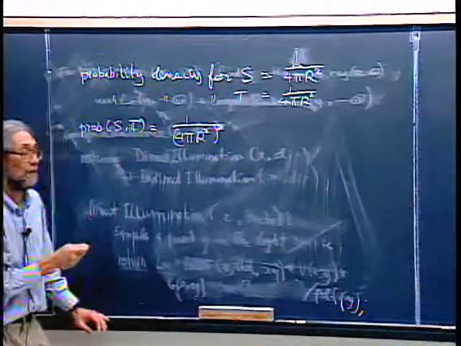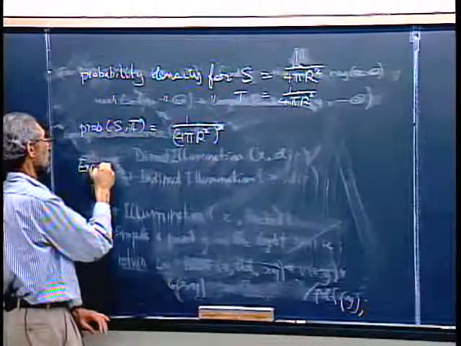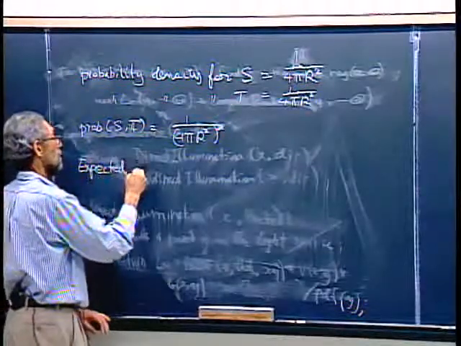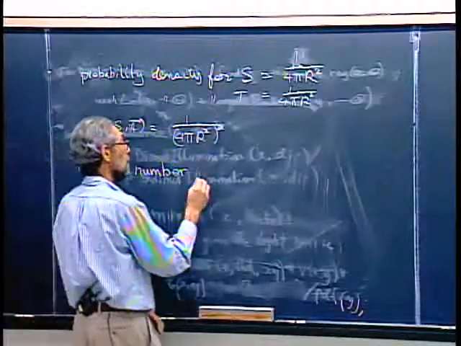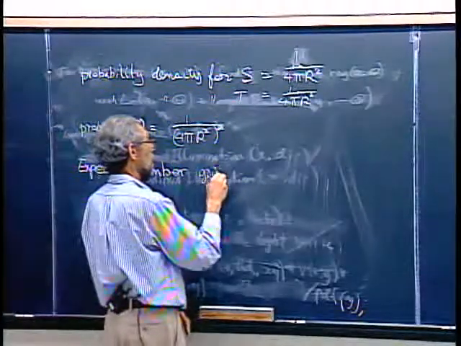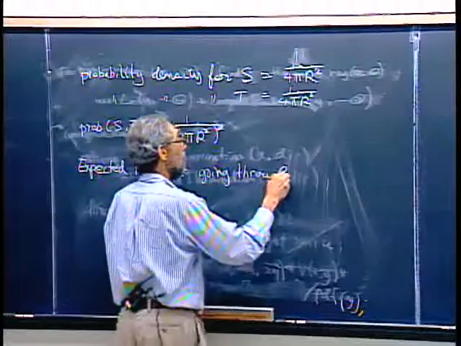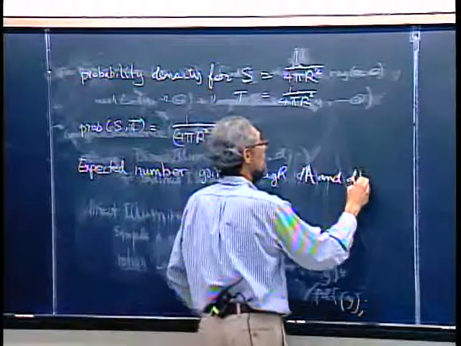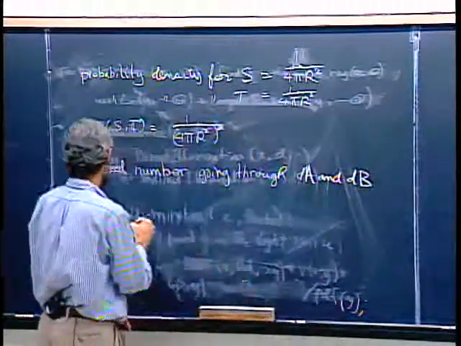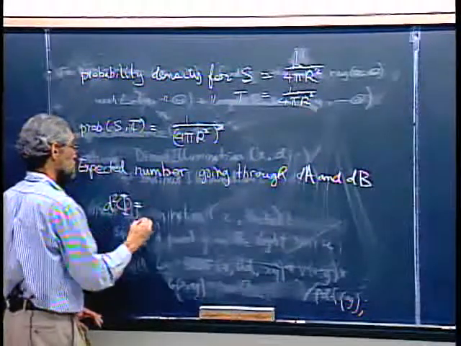Probability density for S times the probability for T, and the expected number of lines, say, going through dA and dB. That number is what I called d squared phi before.